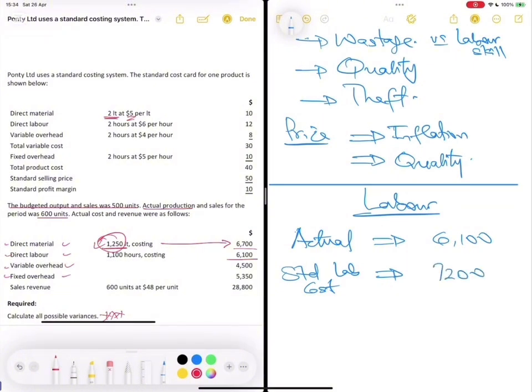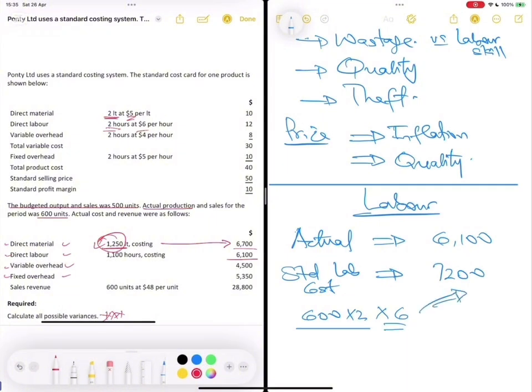And how did you get 7,200? Because we produced 600 units actual, and for every unit you will consume 2 hours. So that's times 2. This is the total number of hours that we should have consumed as labor, and we value it at our $6 rate. And that's how you got 7,200.